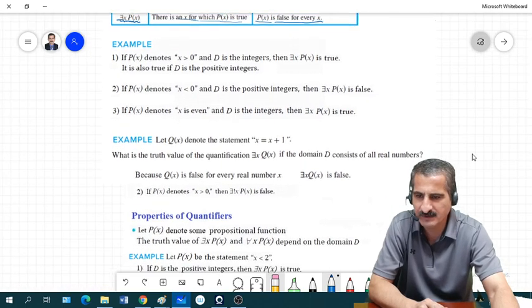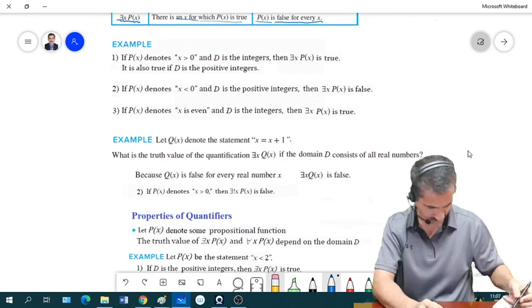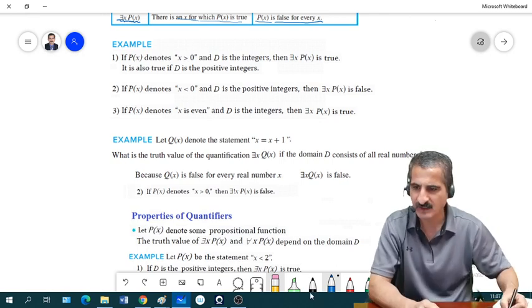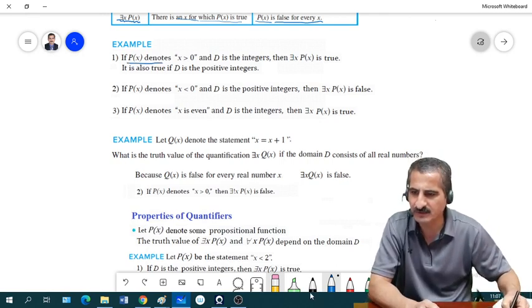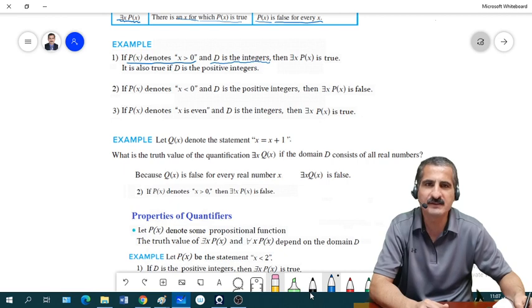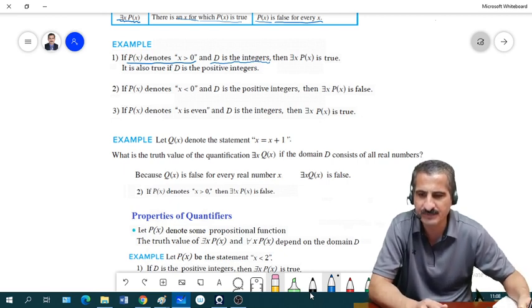Okay, let us see examples. Let p of x denote x is greater than 0. Now the domain here is the integers. X is greater than 0 and we live in the integers.